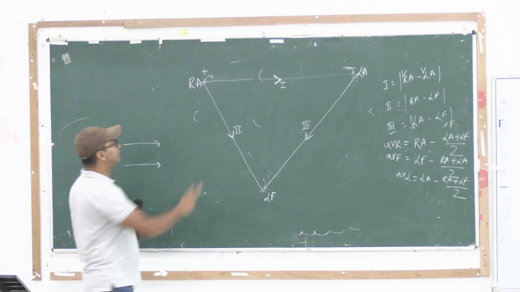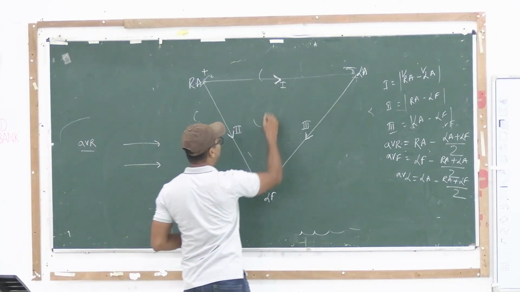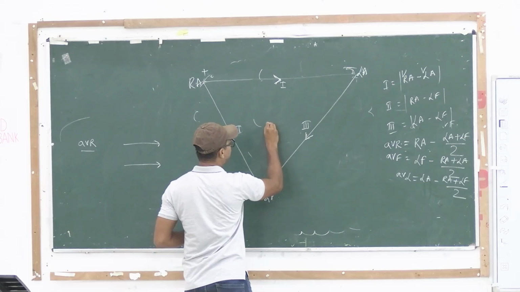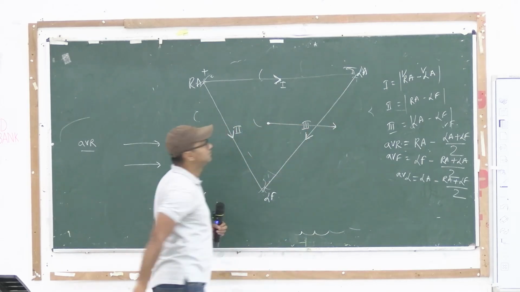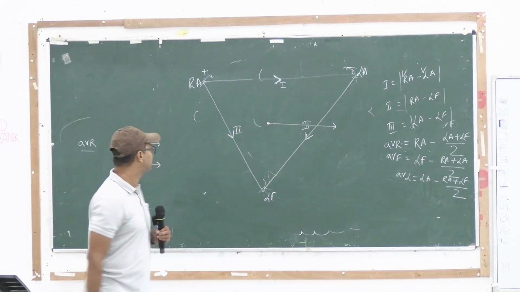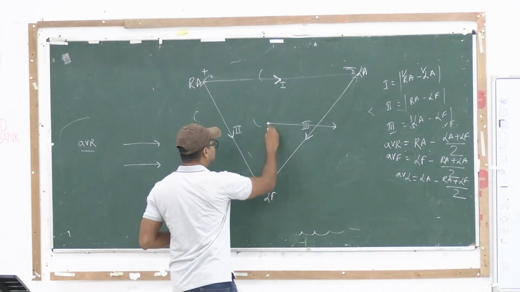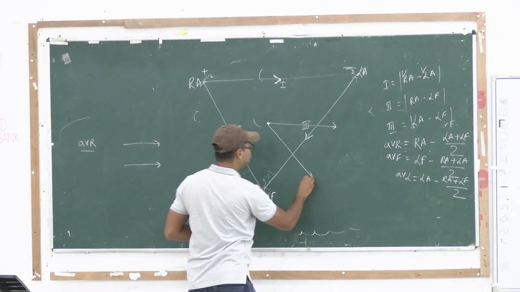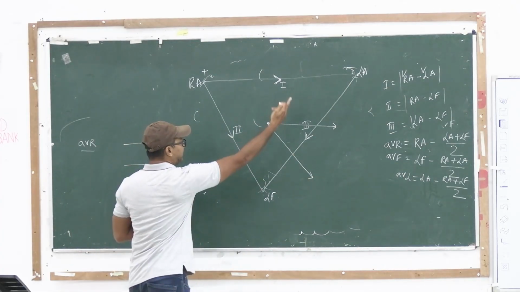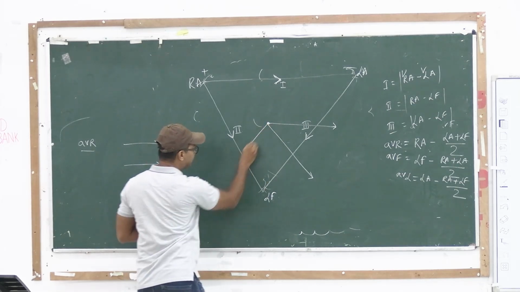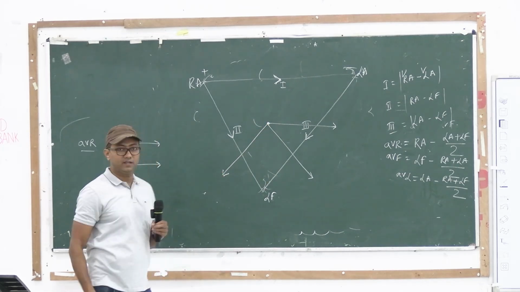So if this is lead 1, I can draw lead 1 from a center point. This is lead 2, and this is lead 3.